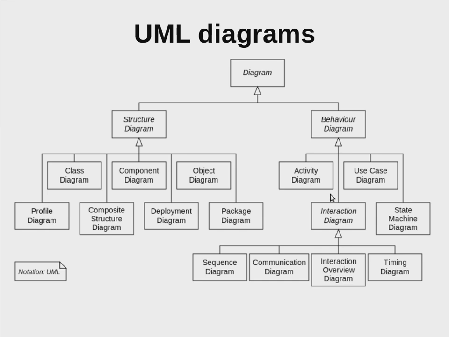So you do not know precise timing, but you know precisely the sequence of events, how it happens. And some diagrams do not care about time at all, like the use case diagram.